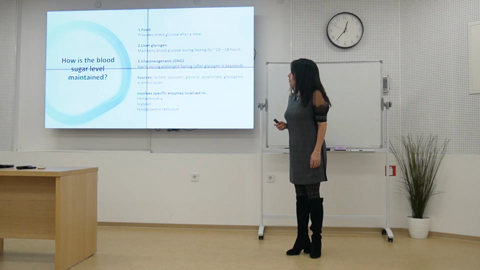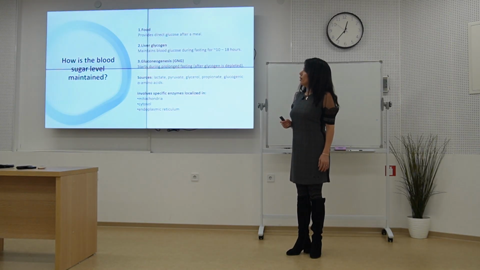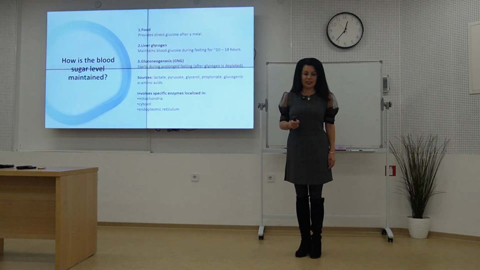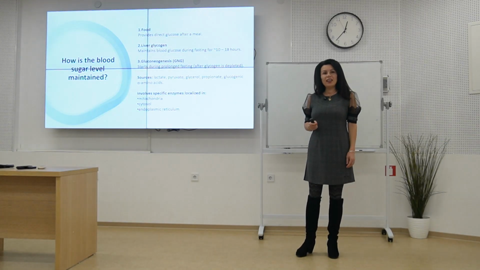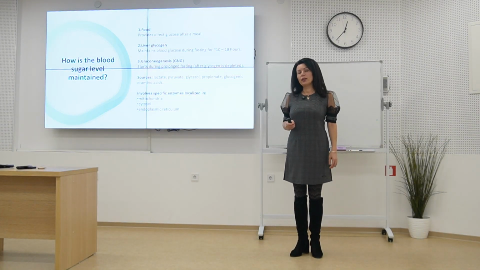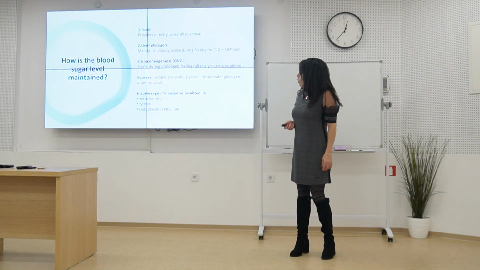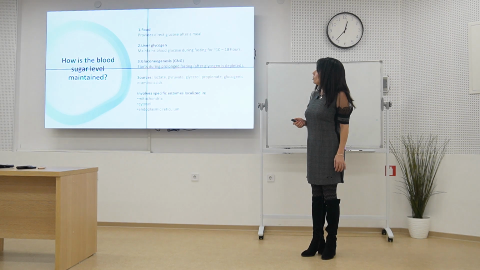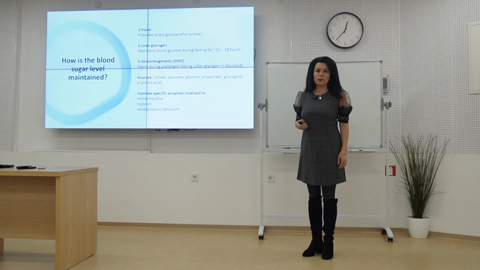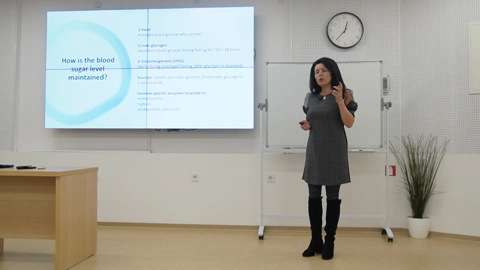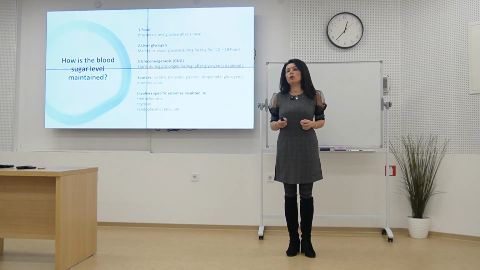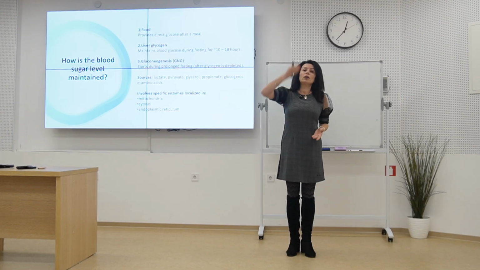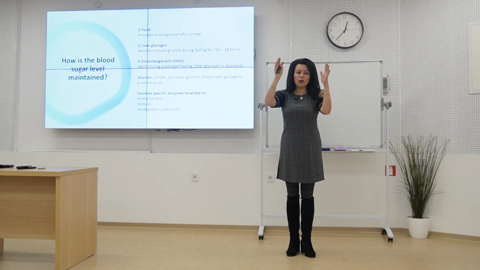The next question is, how is the blood sugar level maintained? Actually, students, daily we rely on food, carbohydrate food, which provides direct glucose after a meal. But after the initial spike, the peak, the glucose needs to be normalized 2 hours later.